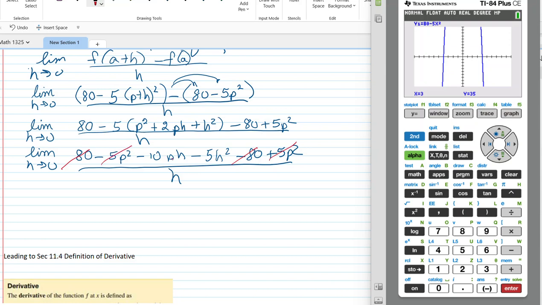Okay, notice that everything left has an h in it, so we're going to put the GCF of h on the next line. Now, I'm going to go sideways.